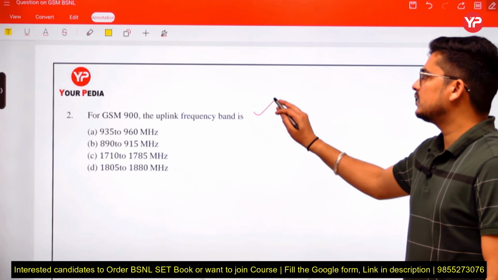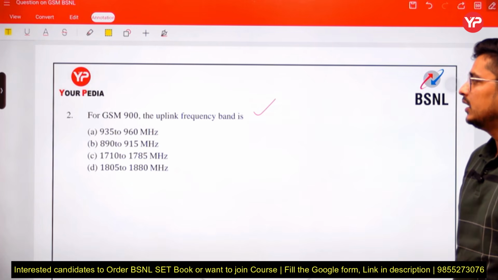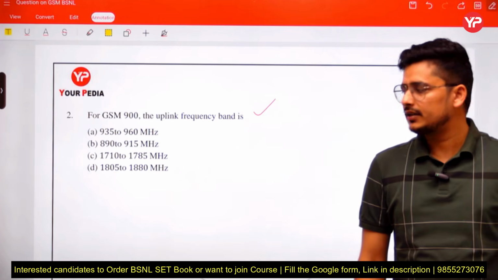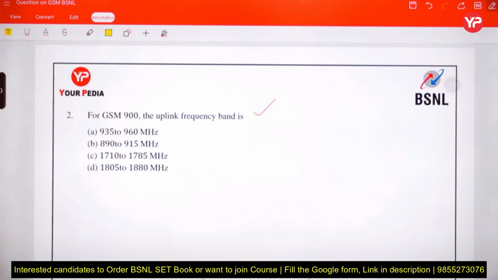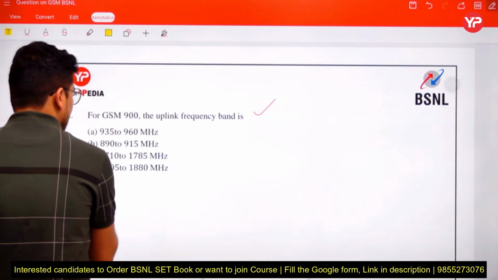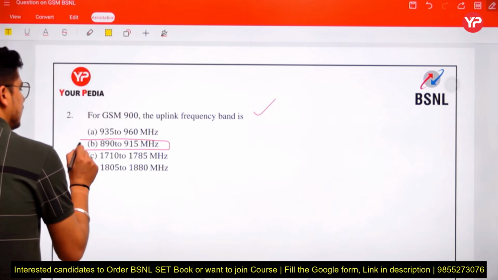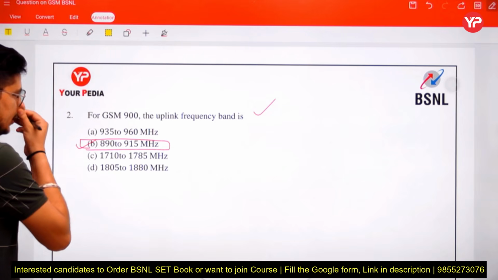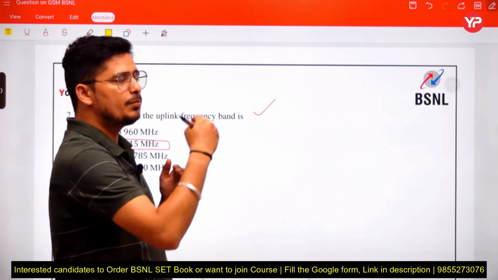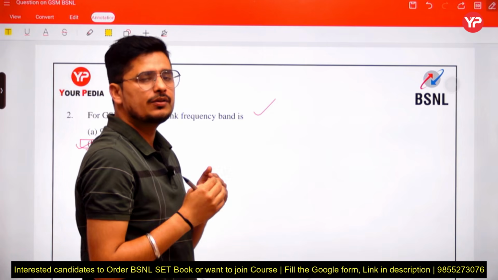Now let's take the GSM 900 band. The uplink frequency for the GSM 900 band generally lies between 890 to 915 megahertz. There are two types of frequency: uplink frequency and downlink frequency.